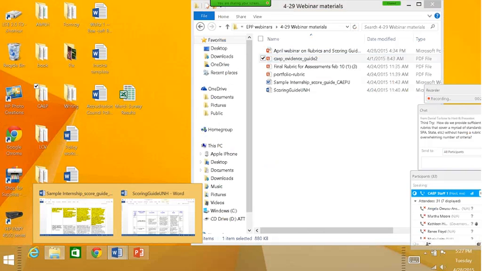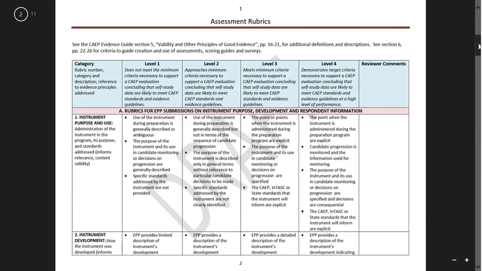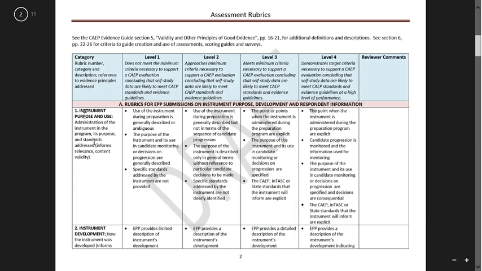Okay, so let me go to our assessment rubric and take a peek at that. So there it is. What's the purpose of this instrument and how is it used? That's the first category. And as you'll see here, there are 4 levels of performance and a space for reviewer comments.